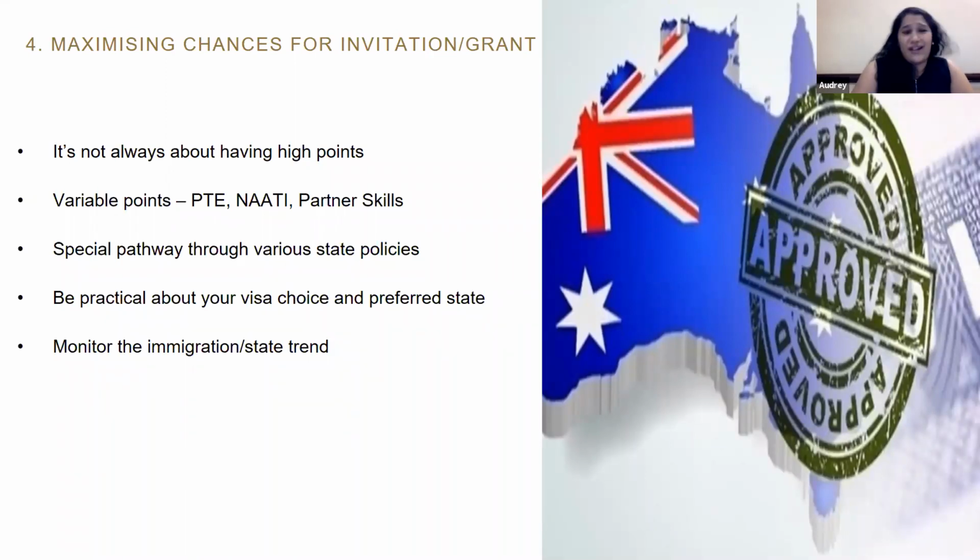Next, be practical about your visa choice and your preferred state, okay? I think this is very important, because I know that many of you come to us after being referred by a friend, and your friend might have been somebody who is a PR holder 5 years ago in Australia, or they got their visa 5 years ago, and they say, hey, go and see Global Migration, I got my PR through them.